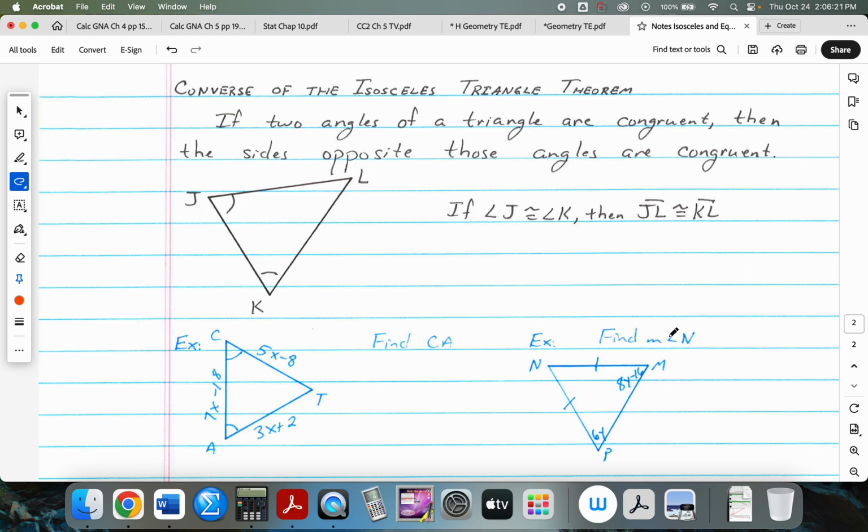The converse of the isosceles triangle theorem turns this around. It says that if two angles of a triangle are congruent, then the sides opposite those angles are congruent. In other words, if I've got two congruent angles, the side that runs between them is the base. And the other two sides are the legs, which are always congruent to one another.